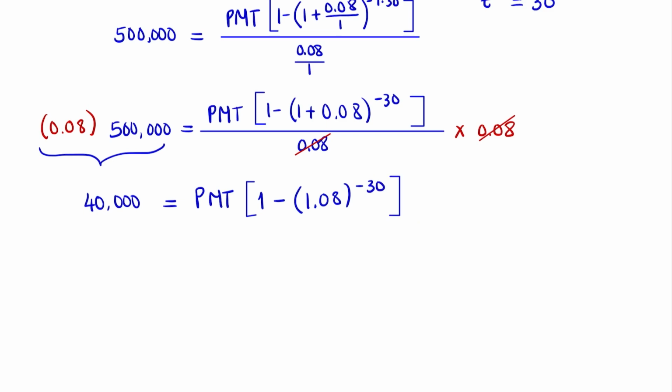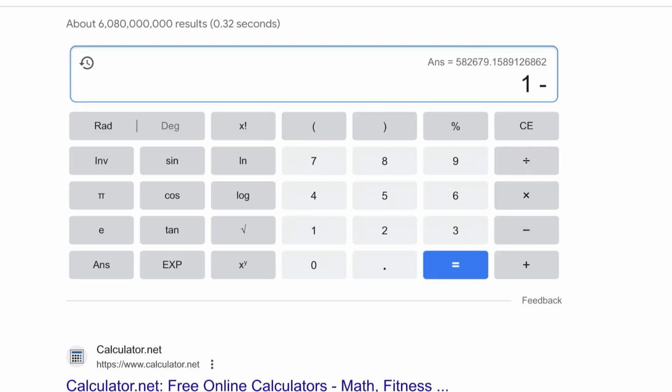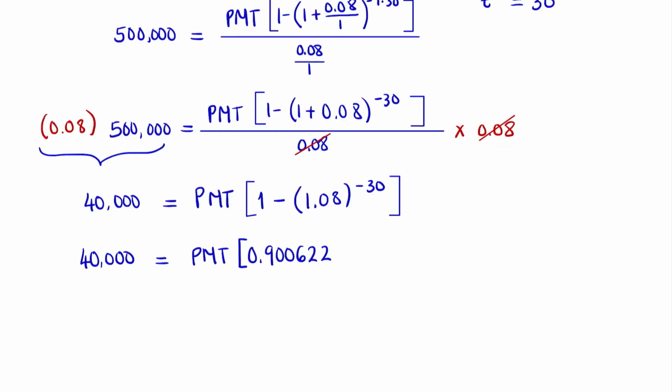From here, I need to simplify the number inside the square bracket. I'll take 1 minus 1.08 raised to the negative 30. When I put that in the calculator, I have 0.90062266745.